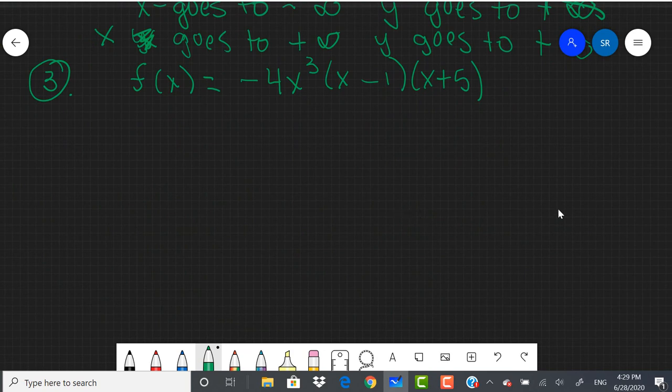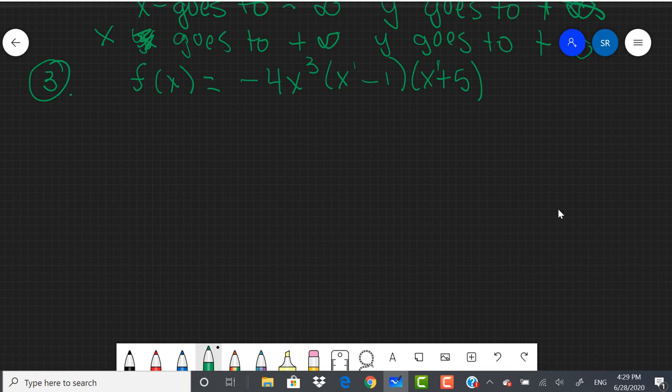What if we have f of x equals negative 4x cubed times x minus 1 times x plus 5? So my negative 4x cubed is important, but it is not my leading coefficient because it's only one of the factors. So if you think about this, this x is considered to the exponent of 1, and this x is also to the exponent of 1.